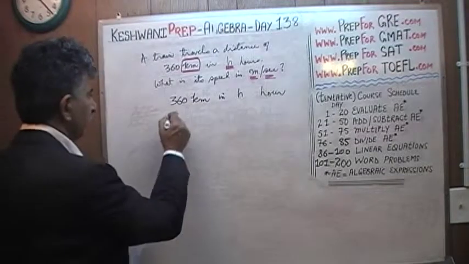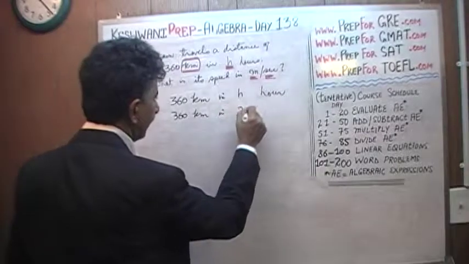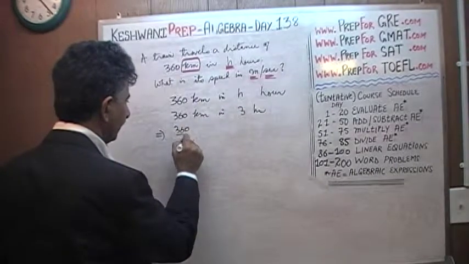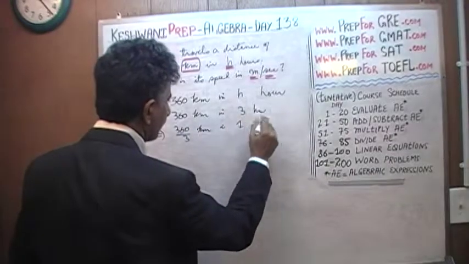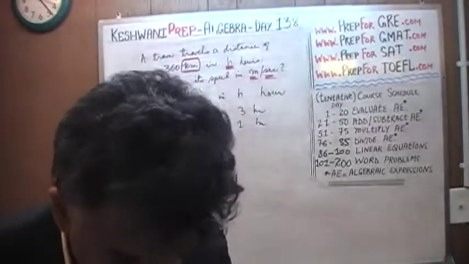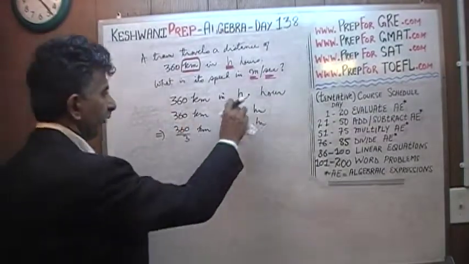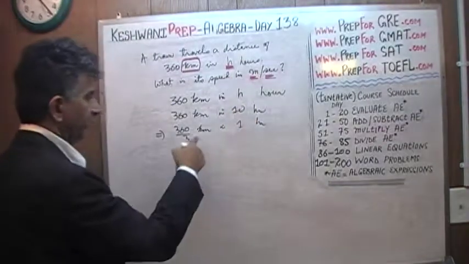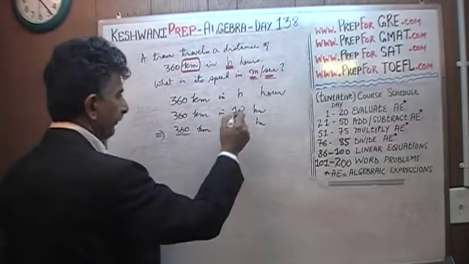For example, if we were told 360 kilometers in 3 hours, that would have implied 360 divided by 3 kilometers in 1 hour. If we were told the train is traveling 360 kilometers in 10 hours, then in 1 hour the train would have traveled 360 divided by 10.